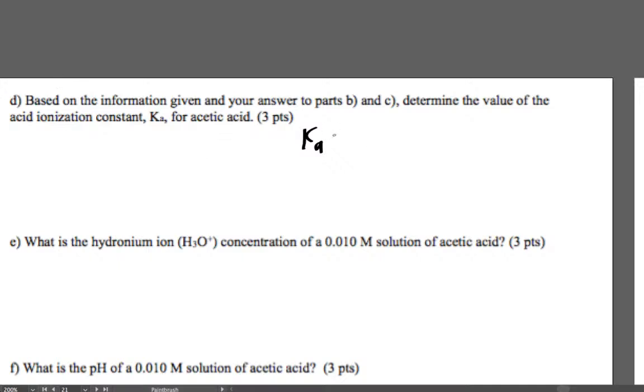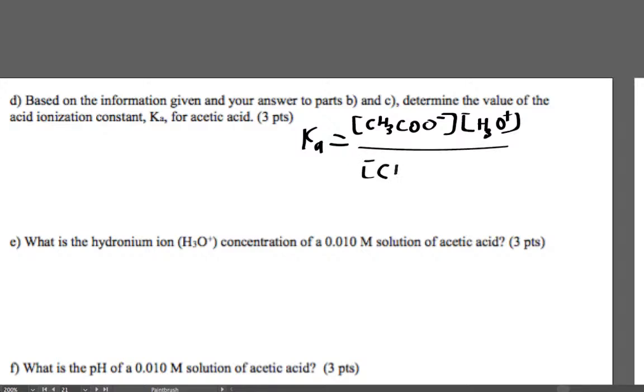So this would equal the concentration of CH3COO minus with H plus, H3O plus. There we go. And then divide them all by the concentration of CH3COOH.